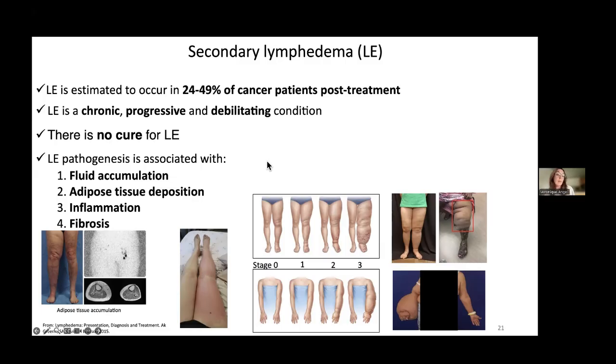But impaired lymphatic function does not only lead to fluid accumulation, but also remodeling of the tissue, particularly adipose tissue, associated with inflammation and at a much later stage severe fibrosis.